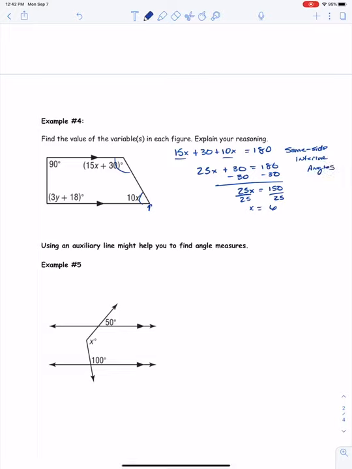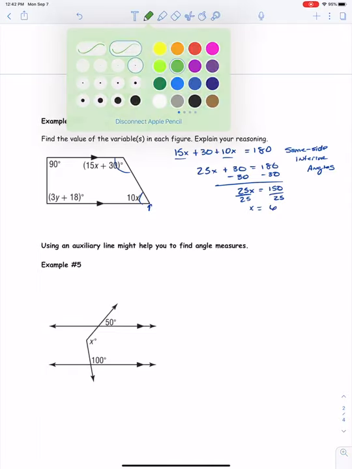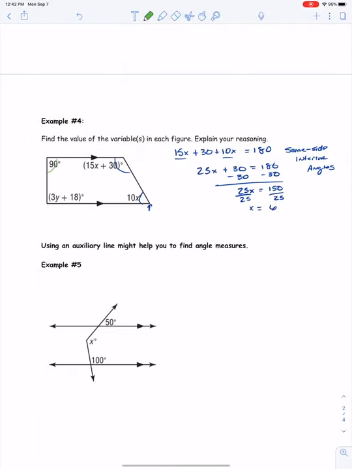So let's find y this time. Again, these two angles here, let me change colors, are on the same side and they're interior angles. So again, they're same side interior angles, and we can do the same thing. We know that 3y plus 18 plus 90 equals 180 degrees.